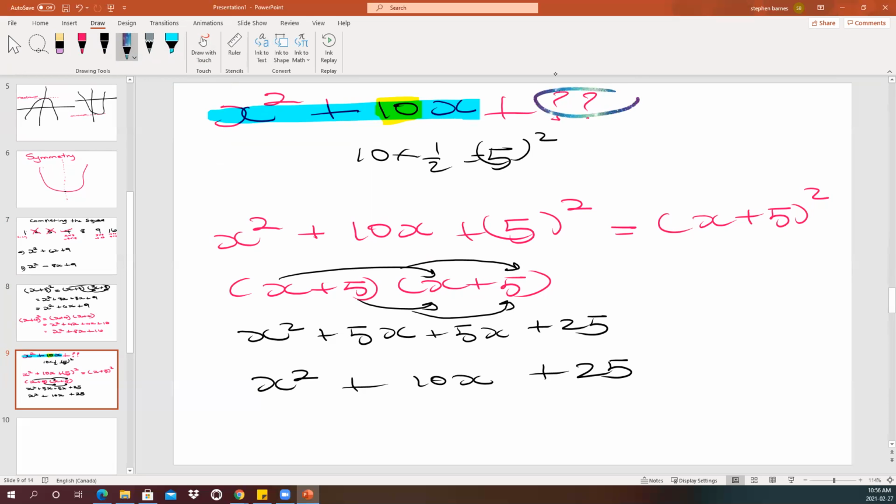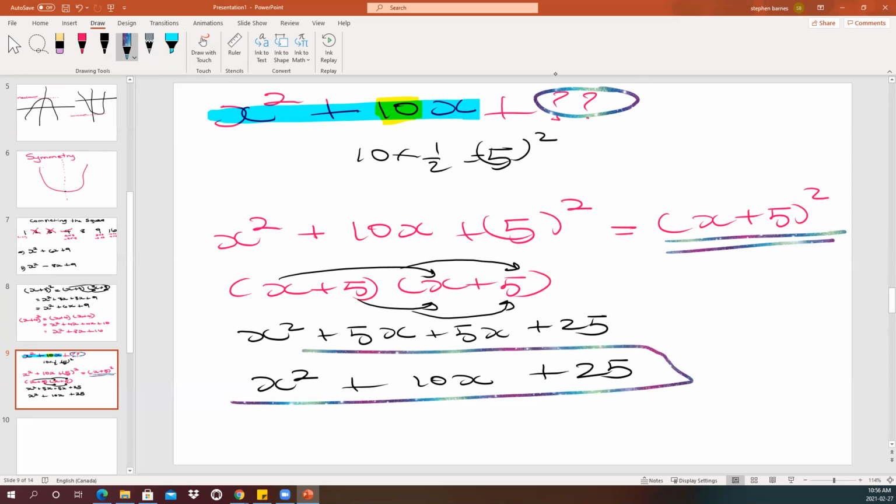How you find that value is half of the coefficient of x, which in our case is 5, squared, which is 25. And that would give us x plus 5 all squared. When you work out x plus 5 all squared, you get back x squared plus 10x plus 25, which is the same as what we have up here when we found our c value.